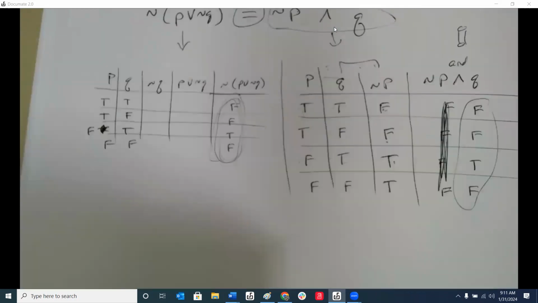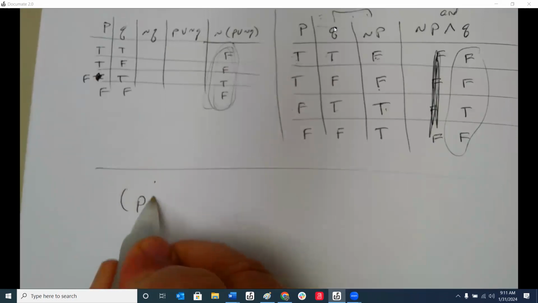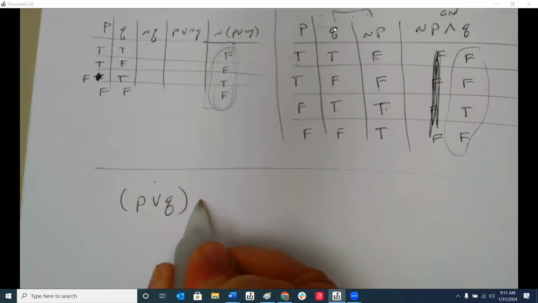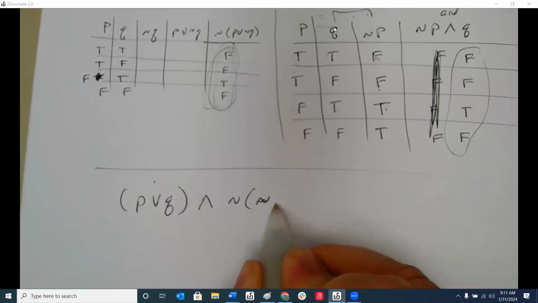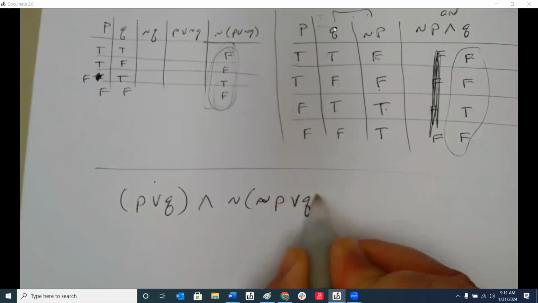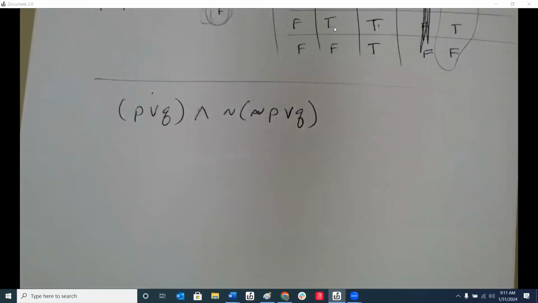Because you can also have bigger equations like this. How would we start this one?